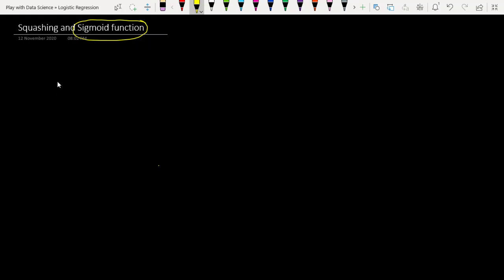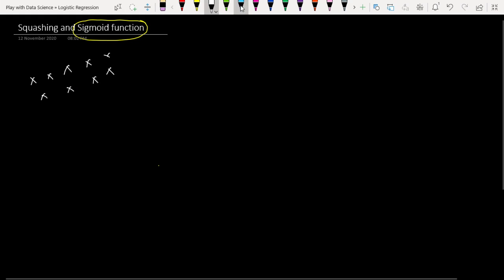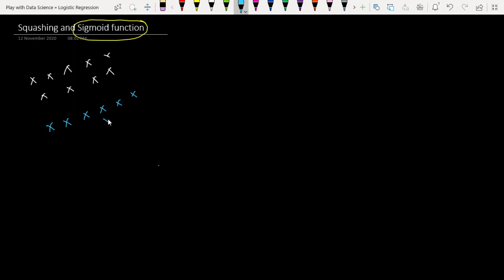So we have two types of data points. Let's say one kind of data point is white, and the other kind is blue.